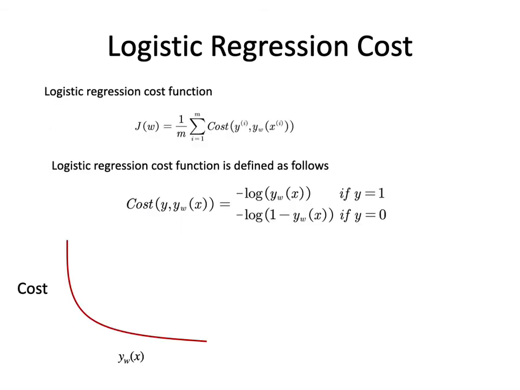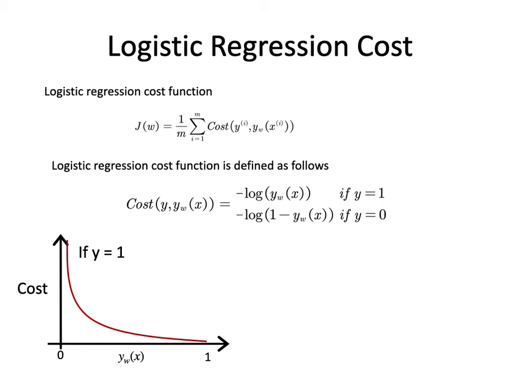So in order to solve this problem, logistic regression comes with a new cost function. Intuitively, we want a loss function where the cost is smaller if the model's estimate is close to correct, or the model estimate and the actual output are close to each other, and the cost will be bigger if there is a big gap between the predicted output and the actual output.